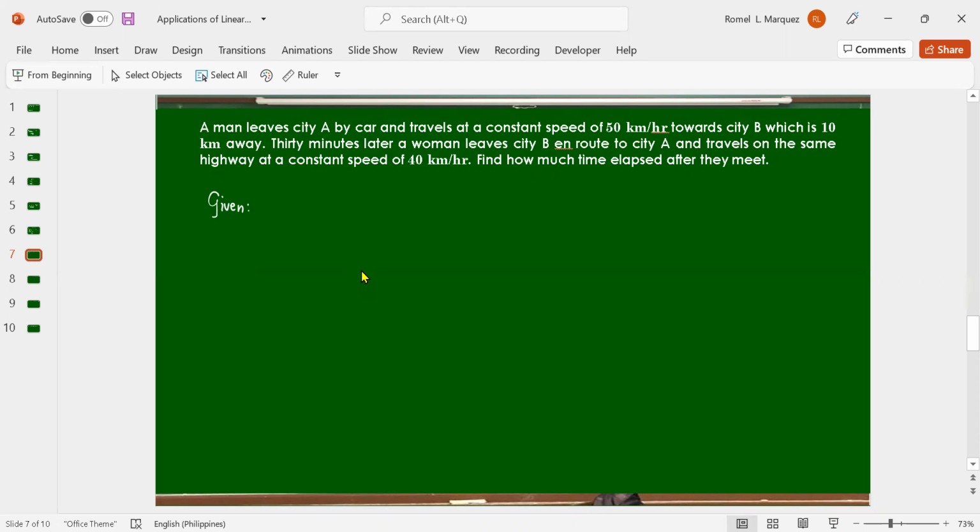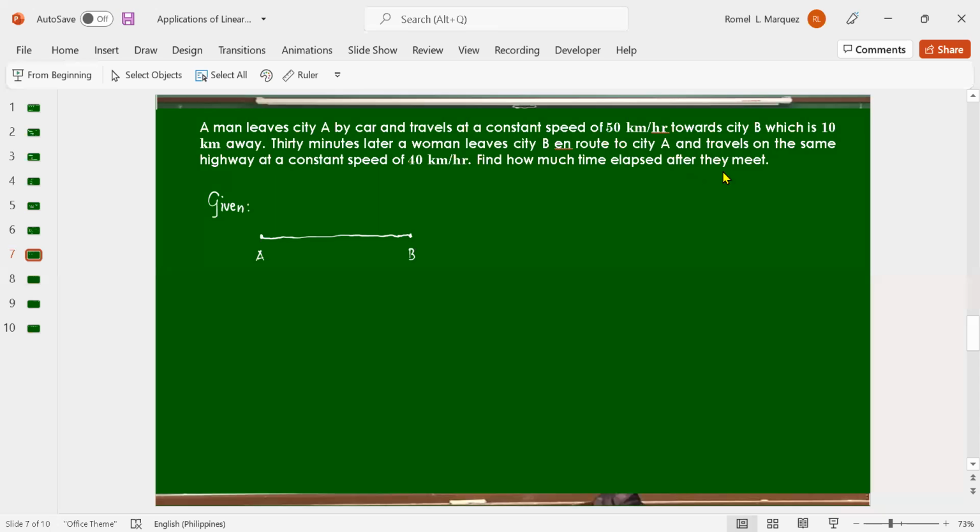So again, we have A going to B, no? Although in reality, the road is not straight, right? So again, the road is not straight in reality. This is from A going to B. So they are supposed to meet, no?